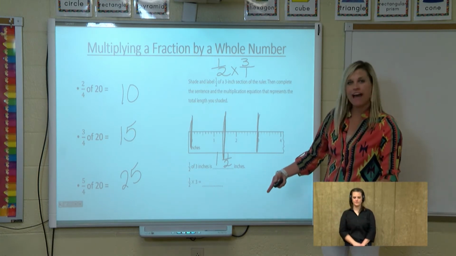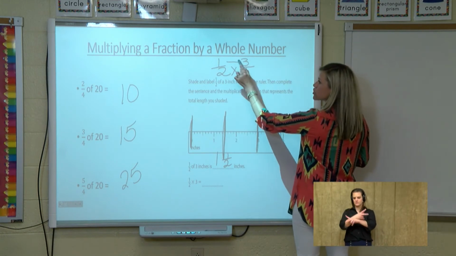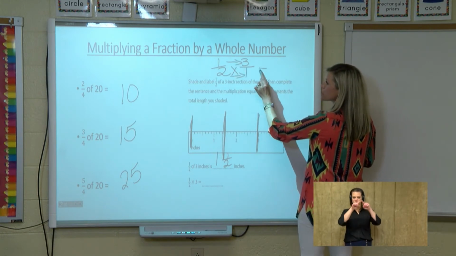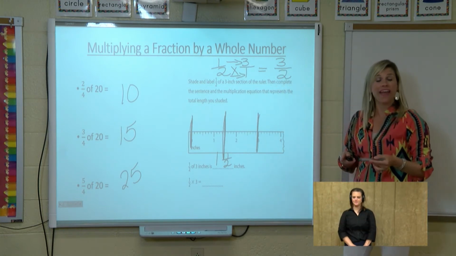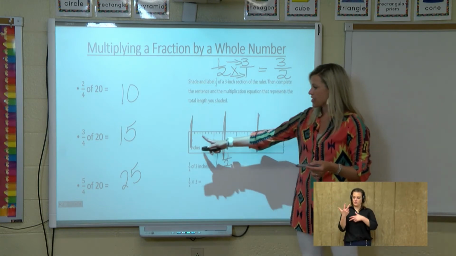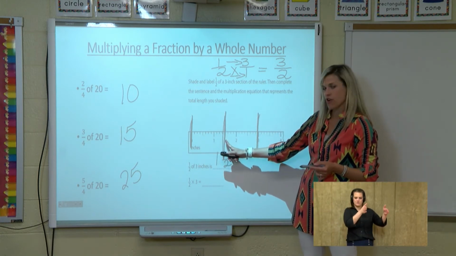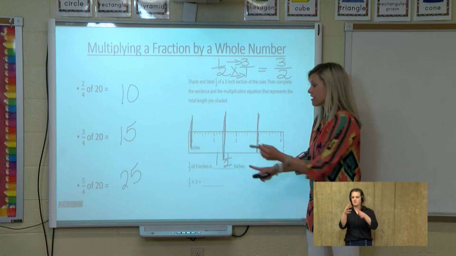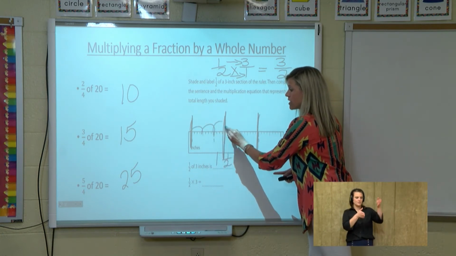Now we'll do 1/2 times 3, standard multiplication. Going straight across. 3 halves. If I'm looking here, there's a half, there's another half, there's another half. There's 3 halves right there. Halfway to 1, halfway, now we have 1, and halfway.